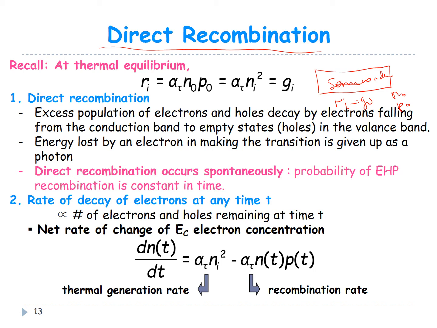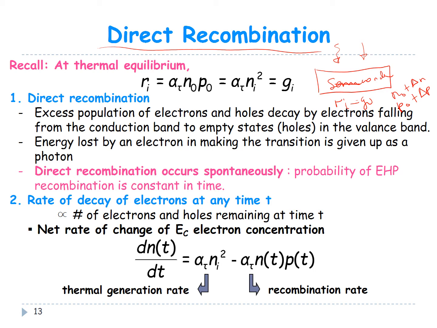Now, if you shine light on this sample, you increase the number of carriers in the conduction band and valence band. The number of electrons becomes n naught plus delta n, where delta n is the excess electron concentration, and the hole concentration increases to p naught plus delta p.